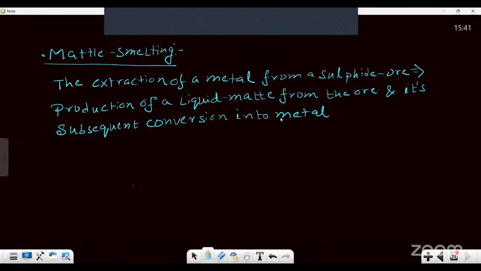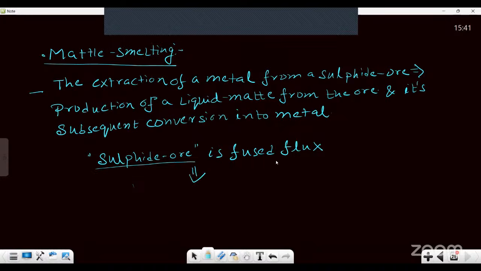Now, the sulfide ore is fused with flux first. So we have this sulfide ore, and we have added flux to the sulfide. Now what will we get? We will get a molten mixture of sulfides.